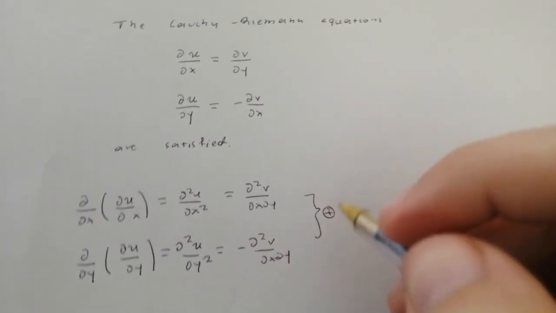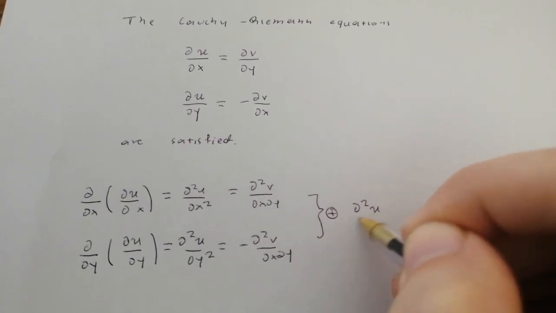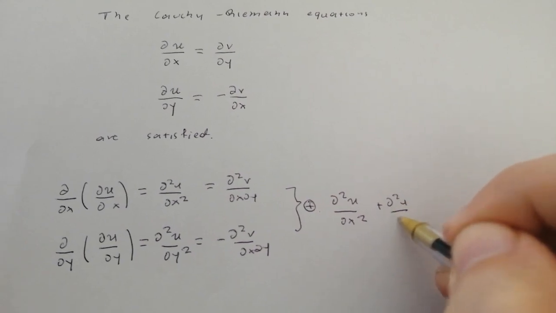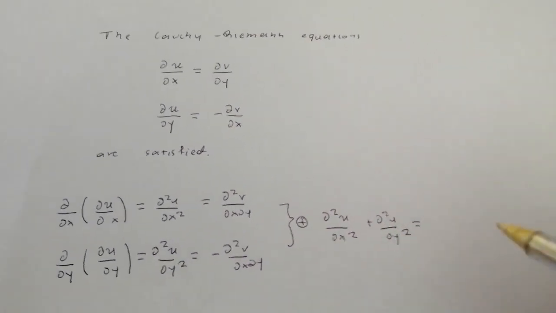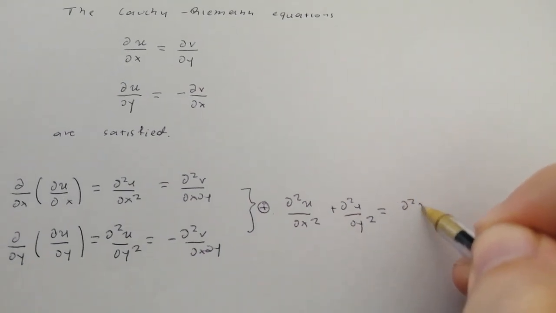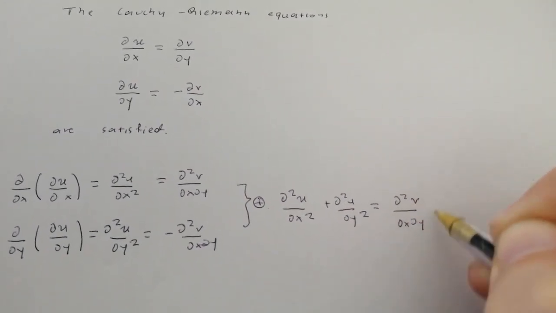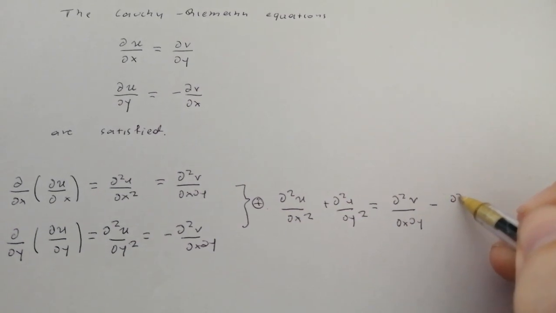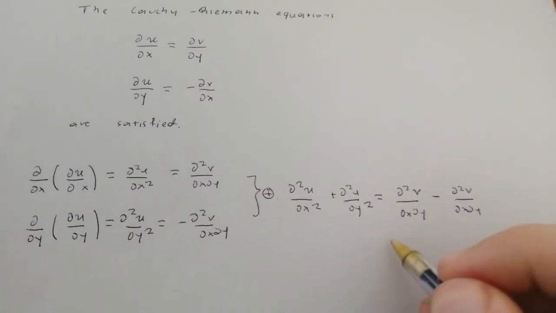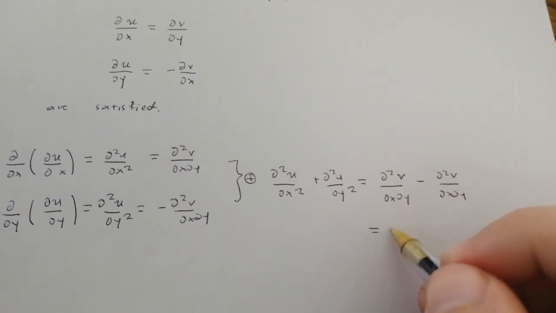We add these equations together and we obtain the following result. Now this mixed derivative minus the other mixed derivative is obviously equal to 0.